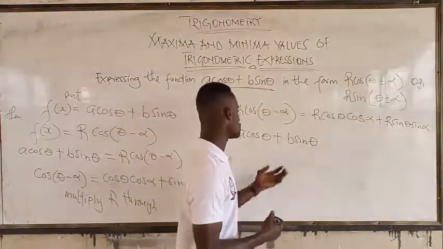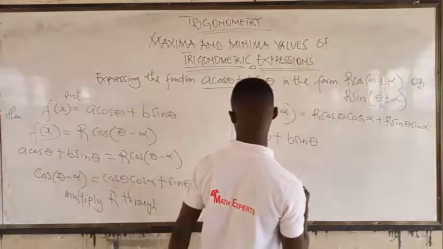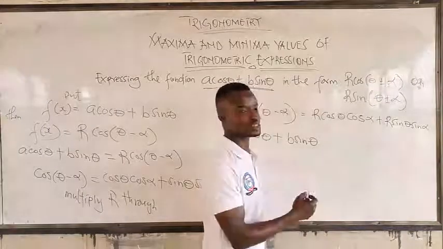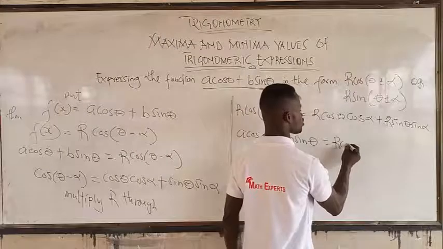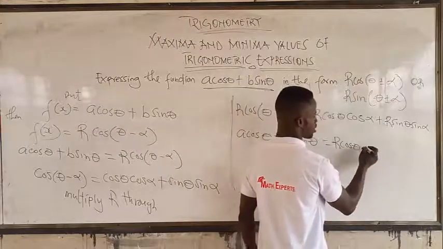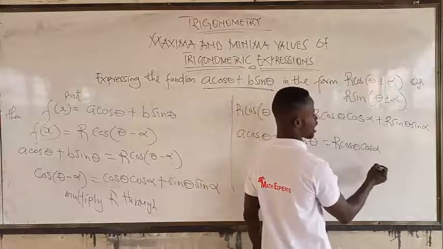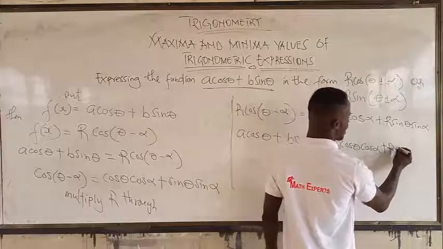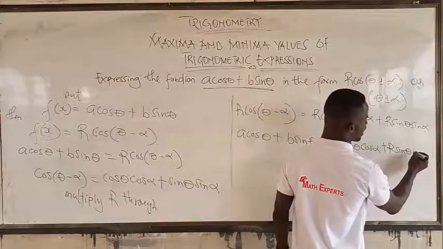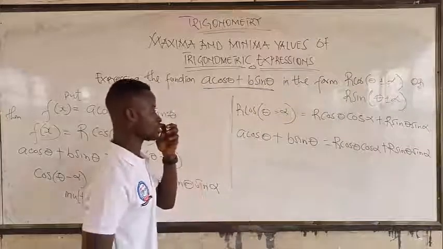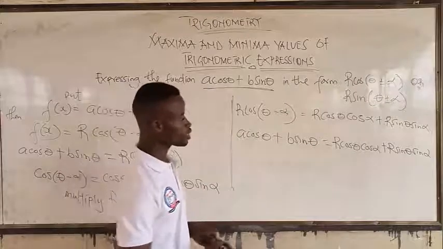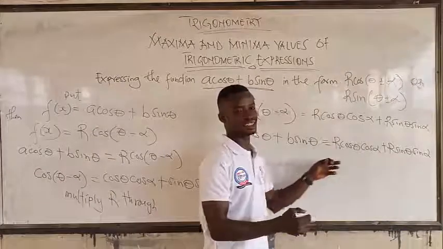Very good. So now we equate a cos theta plus b sin theta to be equal to r cos theta cos alpha plus r sin theta sin alpha. Very good. So now it's like this is identical to this.